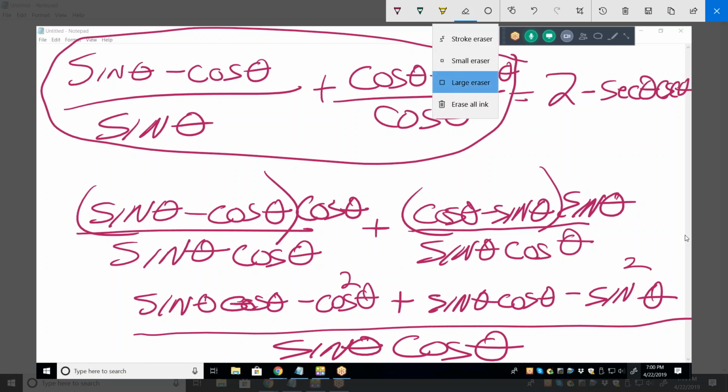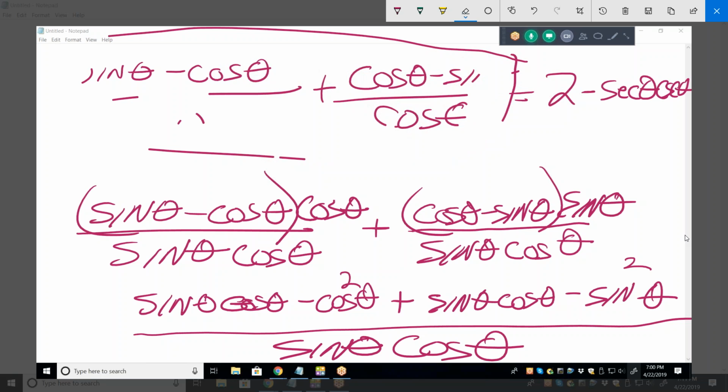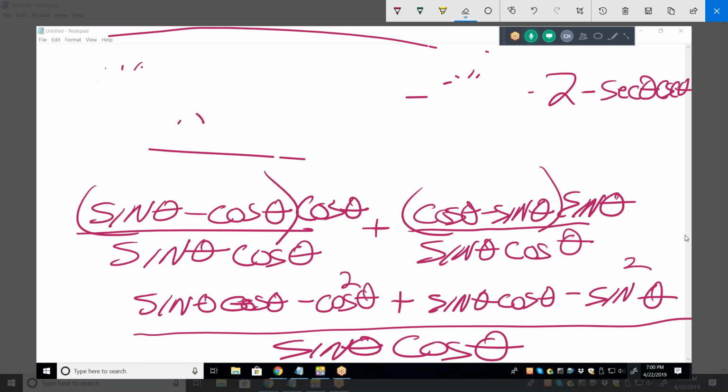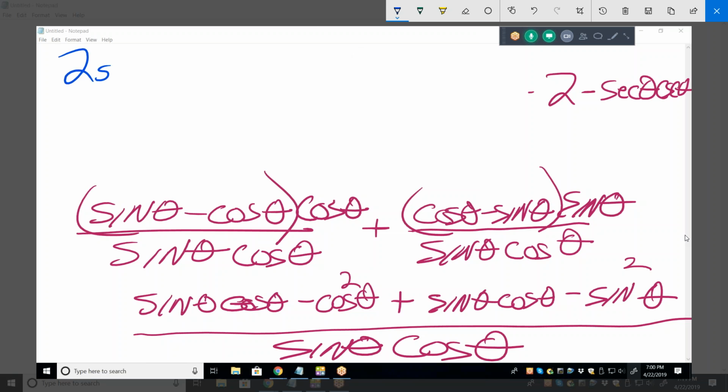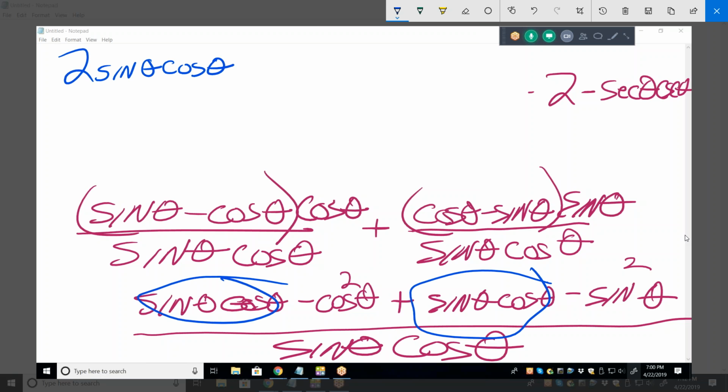Now I'm going to make some room. I'm going to change the color so we'll know we're not starting at the top. So what do we have down here? We have 2 sine theta cosine theta, right? There's one, and we're adding another one. And then we have minus.